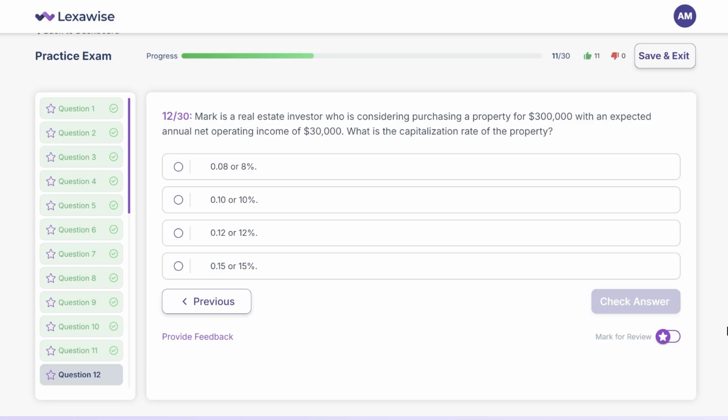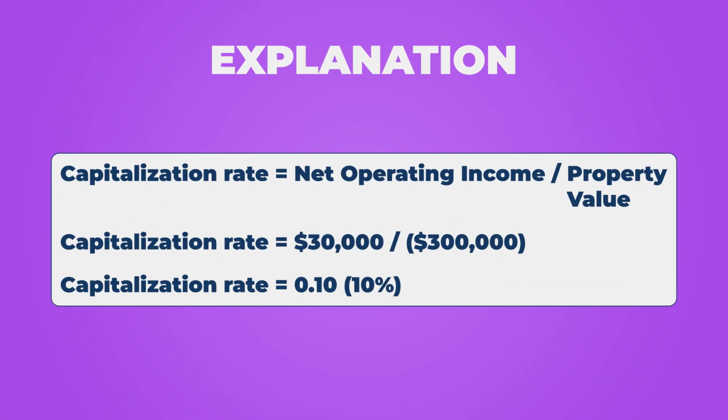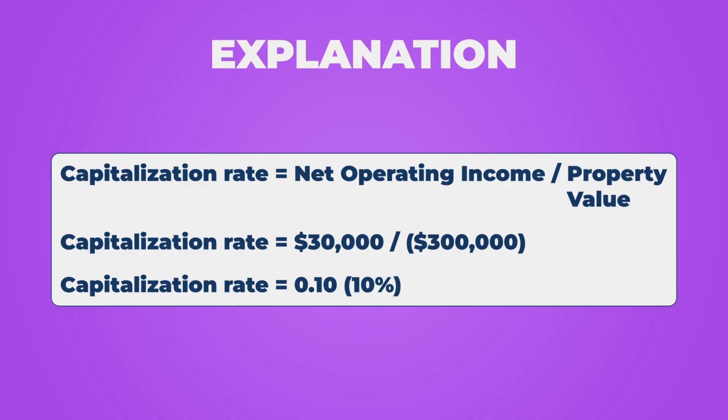Take your time. The correct answer is B. 0.10 or 10%. The explanation is simple. The capitalization rate of the property is calculated by dividing the expected net operating income, $130,000 by the property value $300,000, which equals 0.10 or 10%.